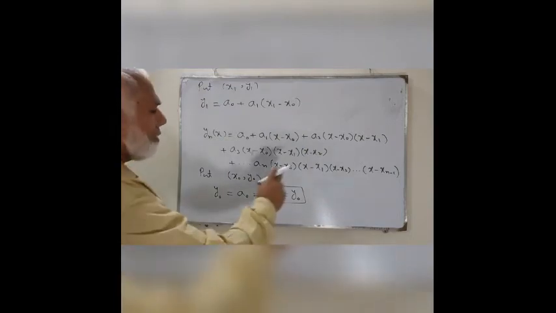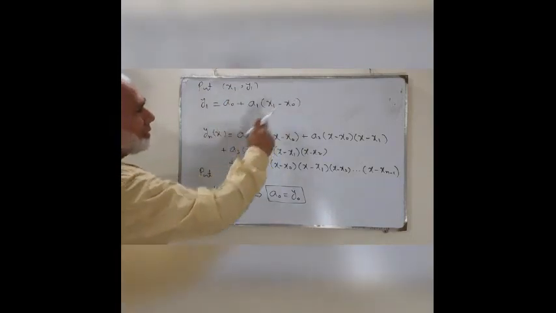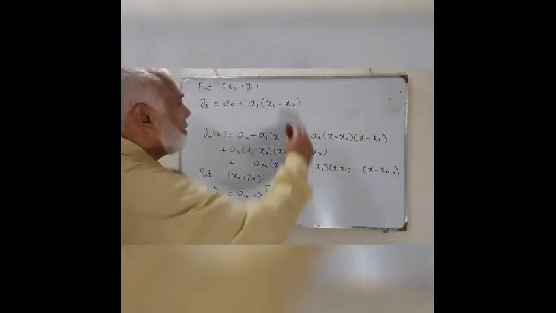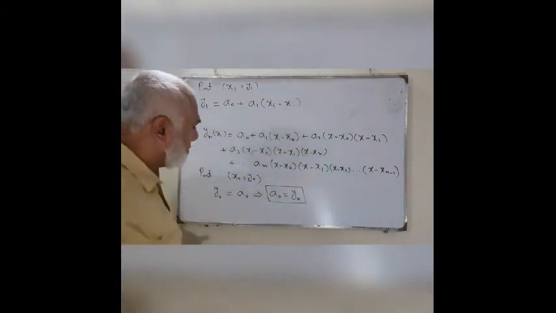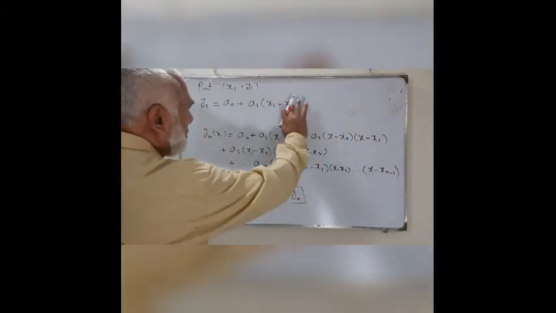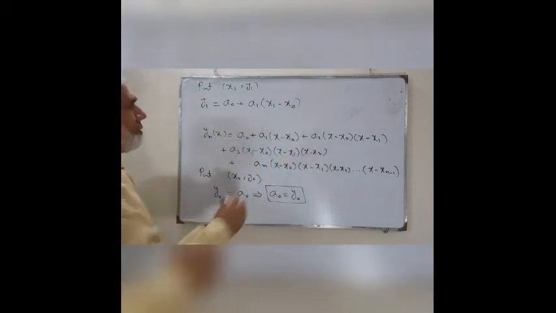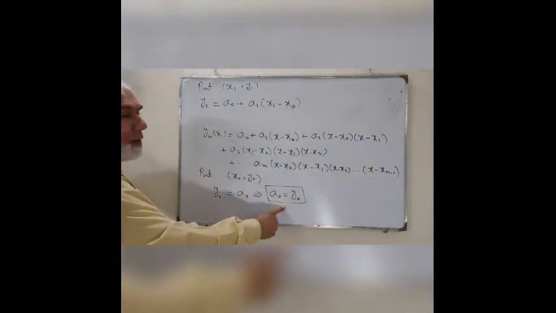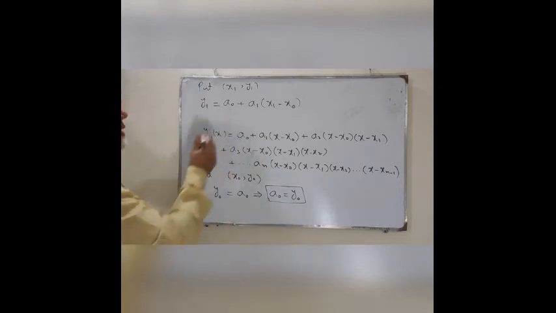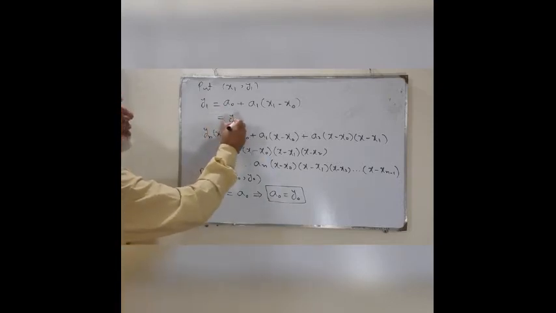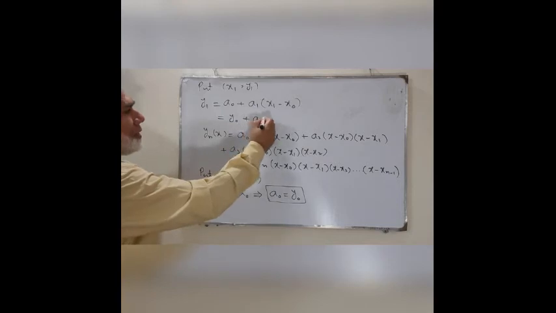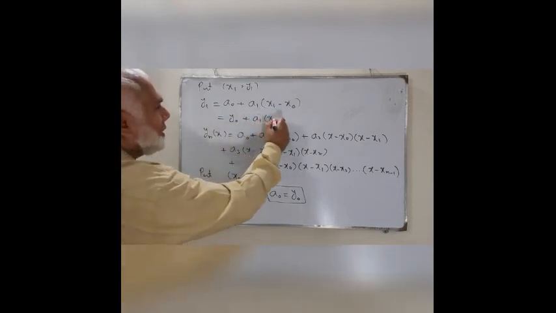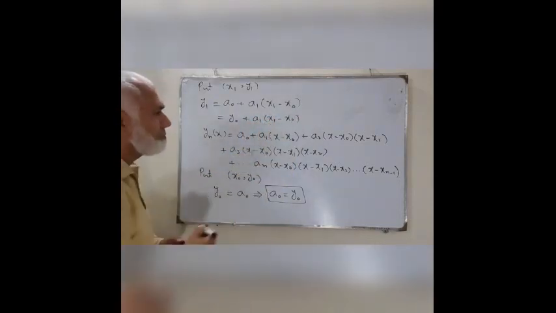So here you can see, on substituting this point into the polynomial, we get x1 minus x0. That's correct. Now we know the value of a0, which we have just calculated, so I can put this value here. It takes the form y0 plus a1 into x1 minus x0.